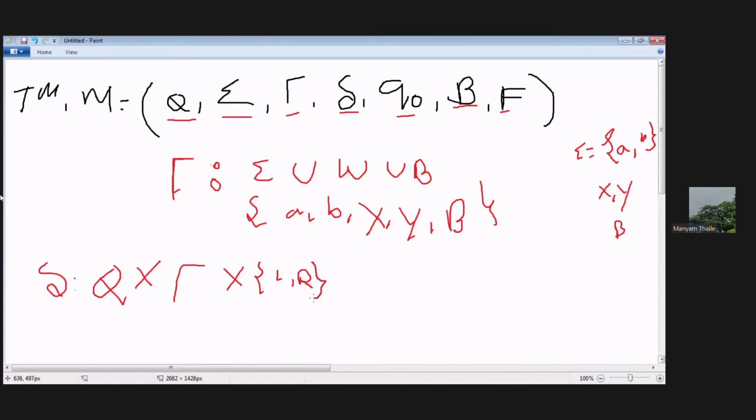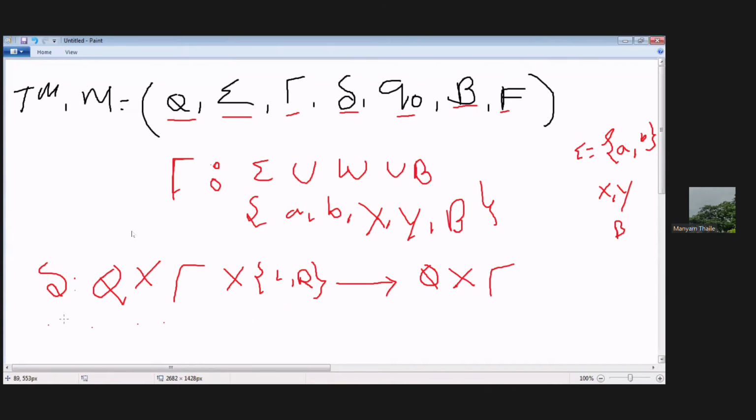So this transition function takes the state, comma, the tau alphabet, and the read write head is moving left or right. It maps to some state q and tau alphabet.